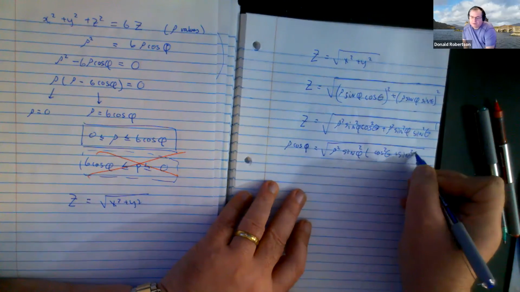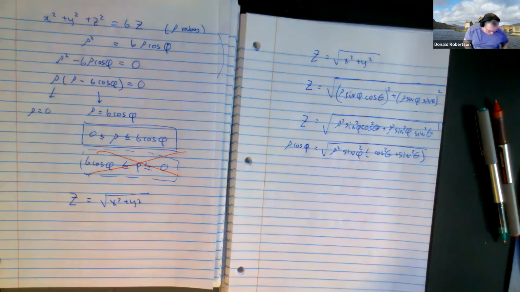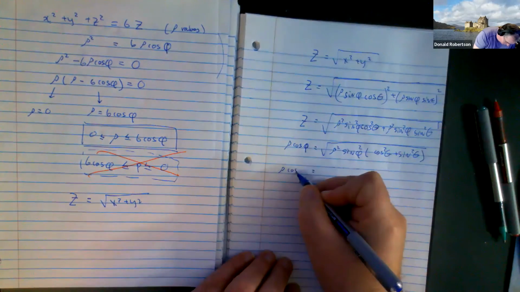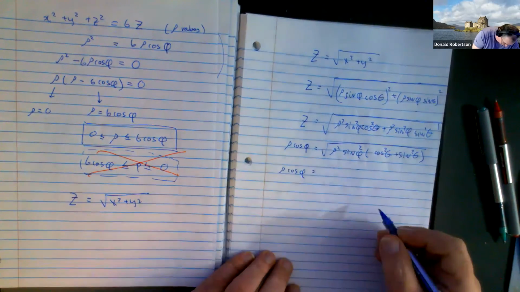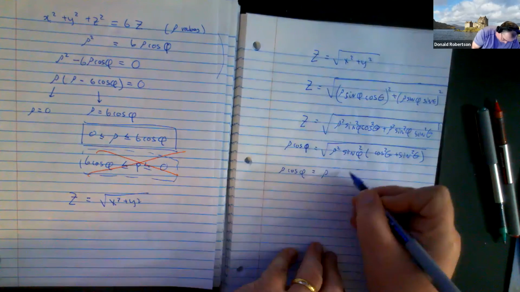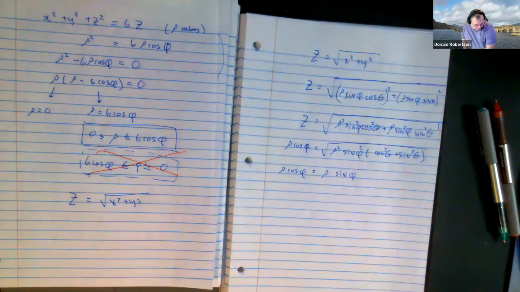Agreed? Okay. Square root gets you a rho, that gets you sine phi, and this gets you 1. Are you comfortable with rho sine phi? Okay.